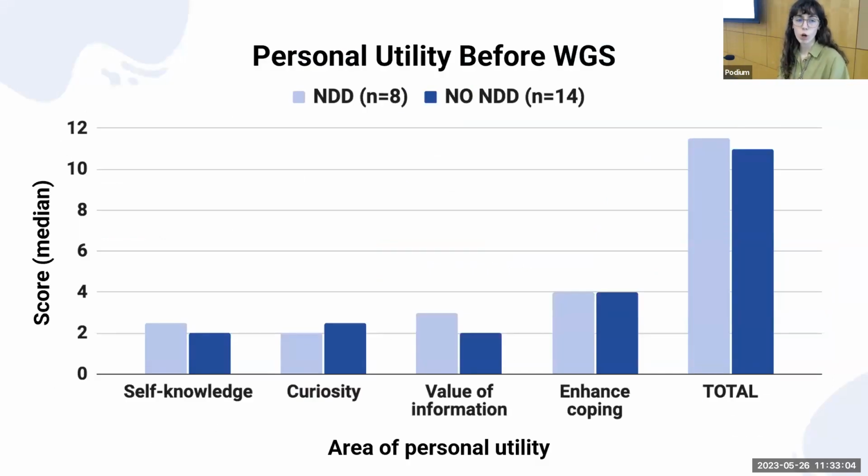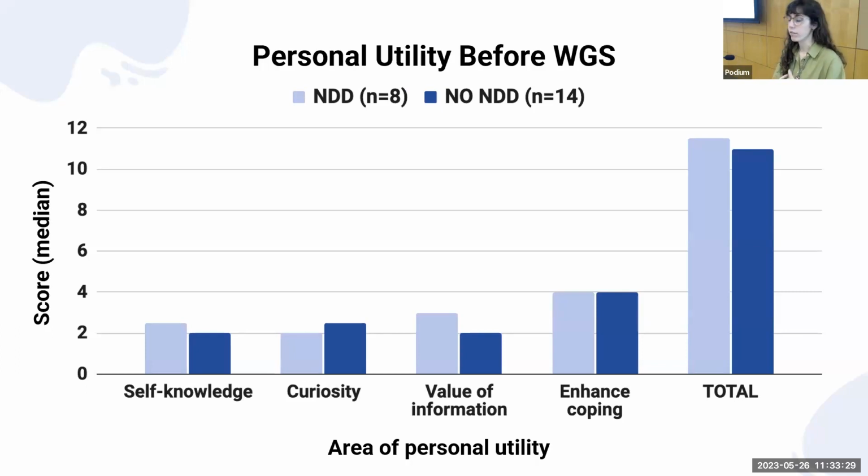So before whole genome sequencing, people who have neurodevelopmental disabilities had higher personal utility. So essentially, the impacts that they expected to get from whole genome sequencing were more and more positive than people who don't have neurodevelopmental disabilities. So I split this up into these categories as well to see what were the areas of somebody's experience that they rated differently.